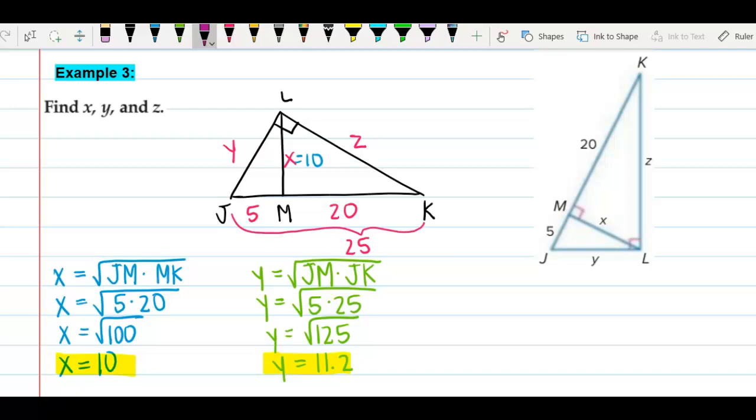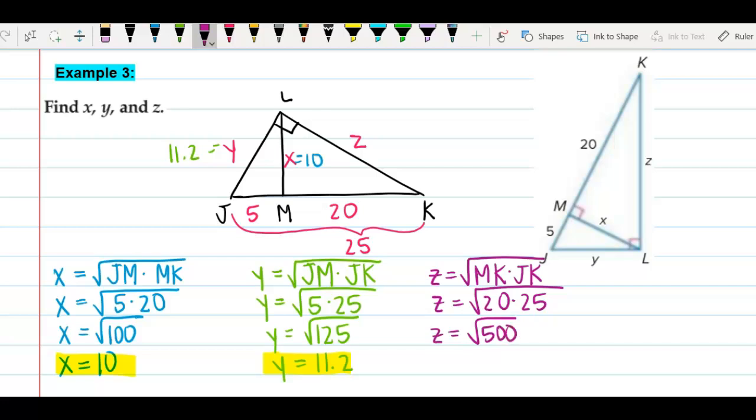Okay, and last but not least, if I wanted to find Z, same sort of idea. I'm going to take the piece of the base that's closer to Z. I guess I could write 11.2. So that would be 20, which would be our MK, times the whole base, which is JK, and then take the square root. So 20 times 25, square root. 20 times 25 is 500.